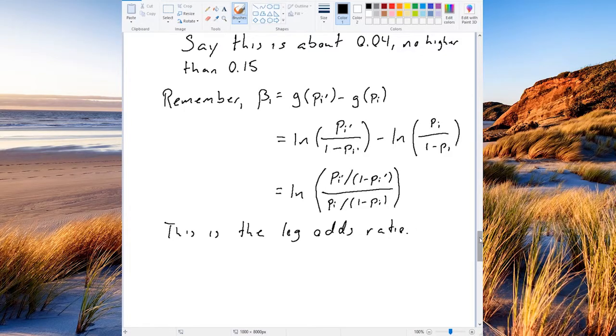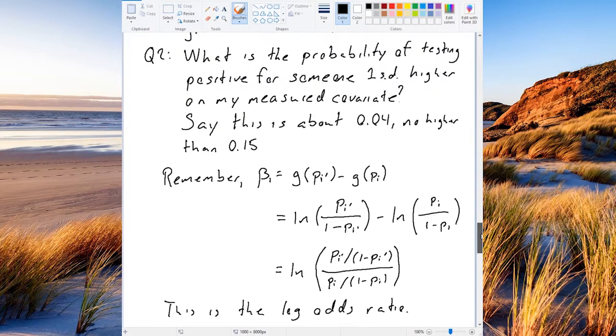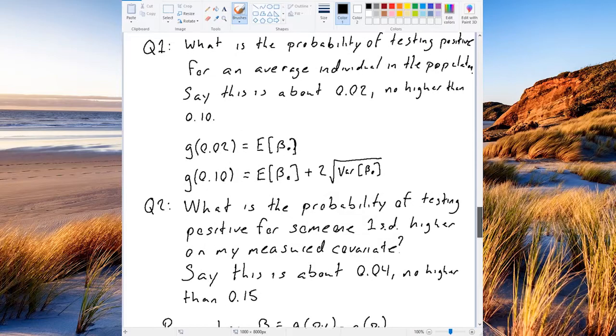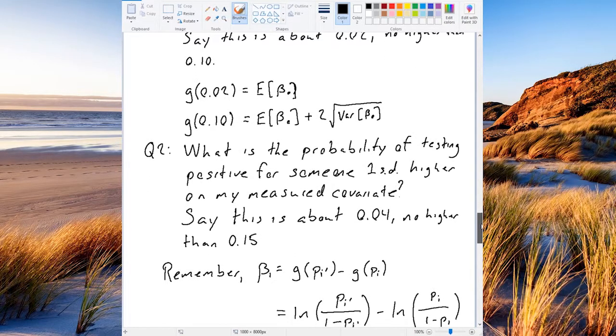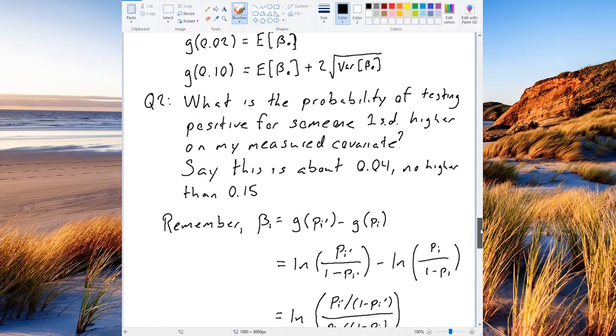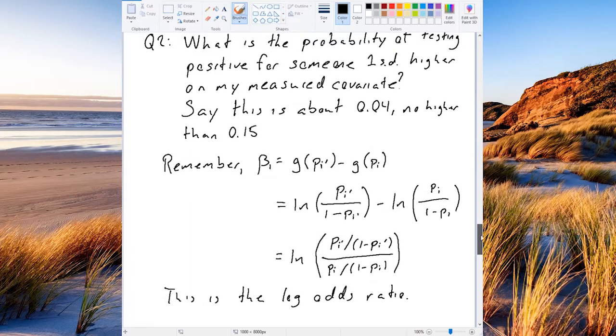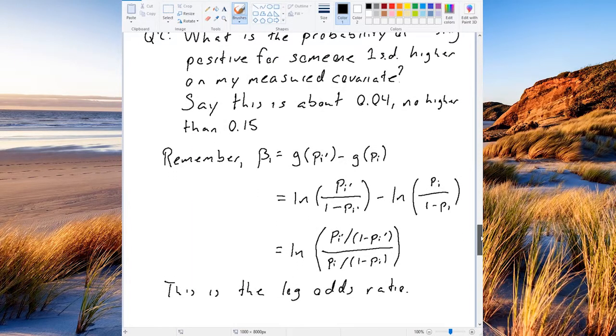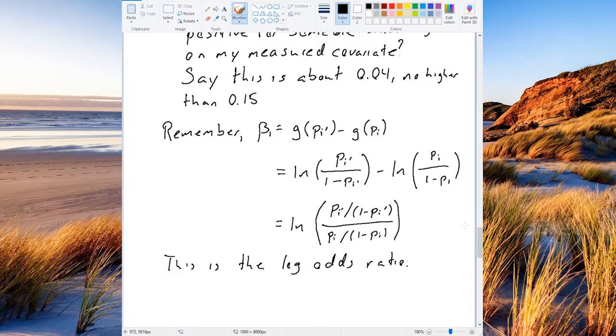This is the log odds ratio. So I've got an odds here, I've got an odds here. I'm taking odds divided by odds, so I've got an odds ratio, and I'm taking the log of the odds ratio. The log of the odds ratio between my average case and my 1 standard deviation more of travel case, the odds ratio between those two is going to give me beta 1.